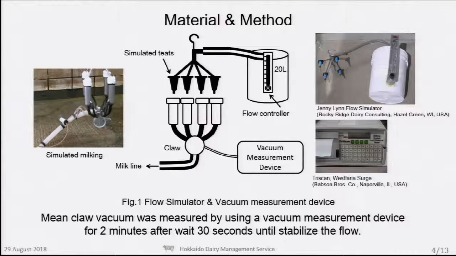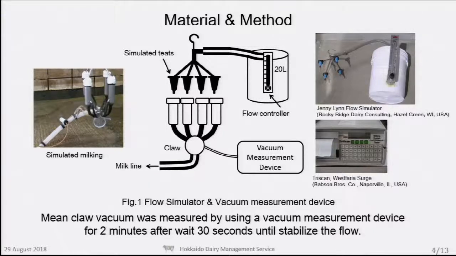Material and method. We used a flow simulator like this picture and milked using a bucket with a flow meter and 4 simulated teats. Flow simulator, simulated milking, vacuum measurement devices. We adjusted at 30 seconds after starting simulated milking.